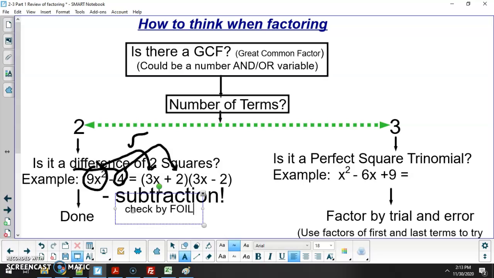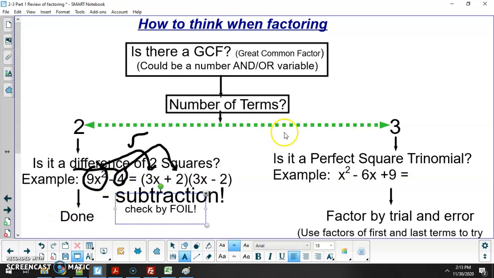If you notice, when we do foiling, the outside would be negative 6x, and the inside would be positive 6x. That's why there is no x term in the middle, so it's really 2 terms. The reason why we need to have different signs is because you want to get a minus 4. In order to get a minus 4, you have to do a positive number times a negative number to give you a minus number.